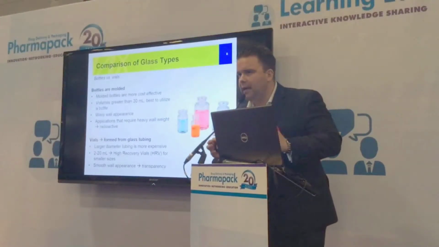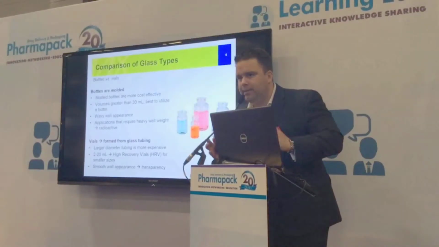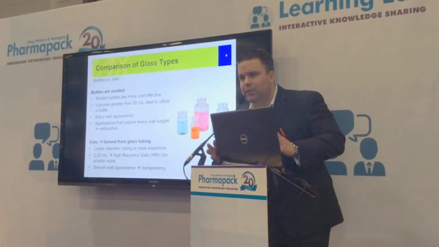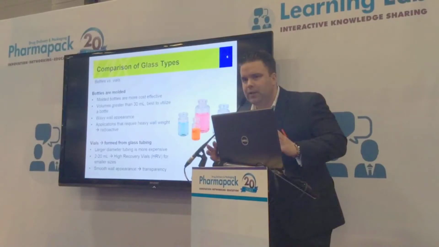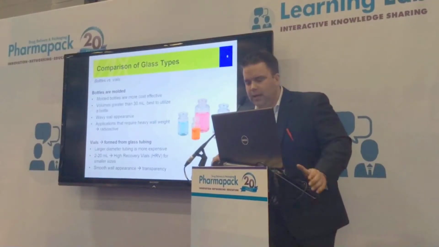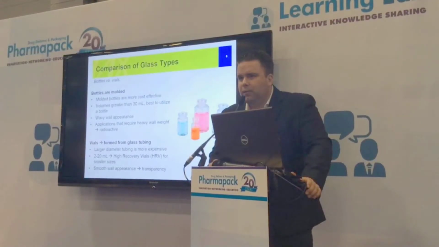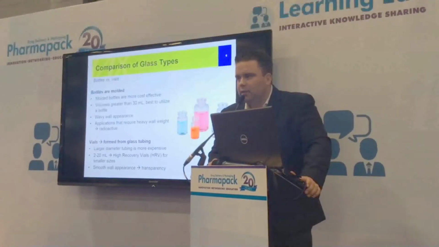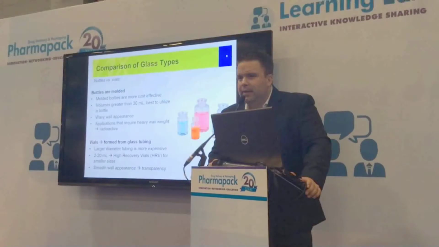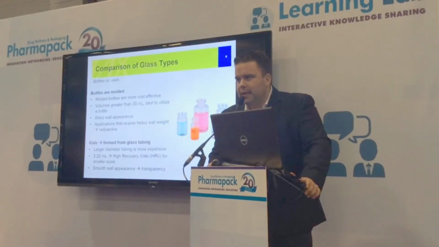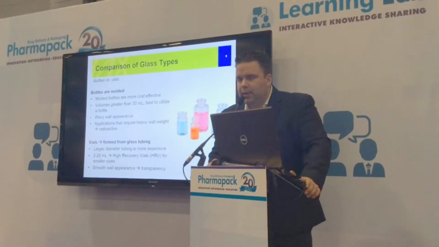The larger diameter of the tubular cane that you start with is definitely going to play a price factor. It's advantageous to use tubular vials when you have a fill volume between 2 to 20 ml. Anything 30 ml or plus, you want to use the molded container just due to the manufacturing process.